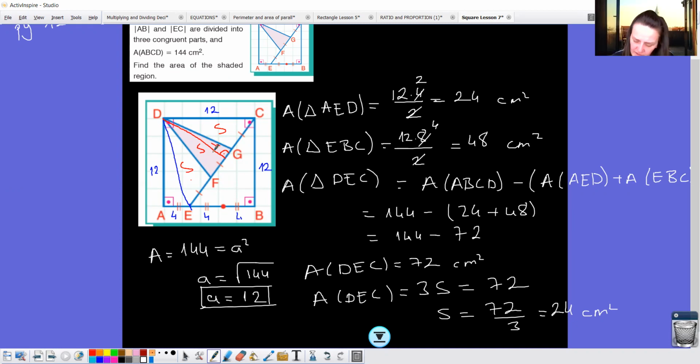In the book, they have said directly that the area of DEC, this triangle, is half of the area of the square, but how they decided it, I don't know. This way is a bit longer, but it's more certain.